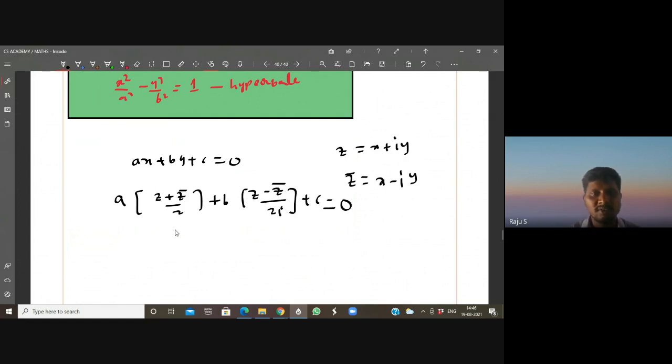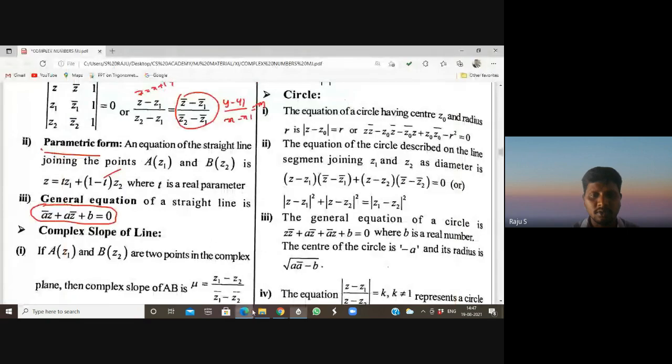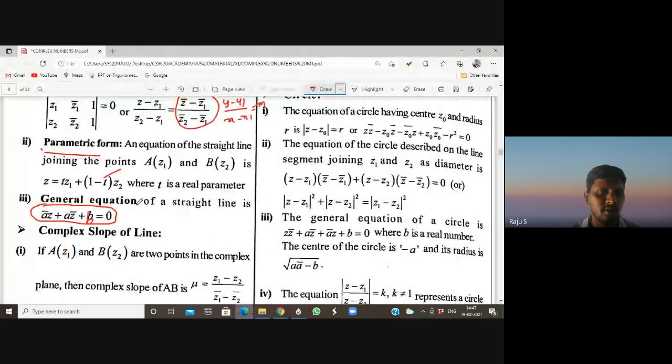When we simplify this, we get a conjugate z plus a z conjugate plus some constant c1 equal to 0. So this is the general equation of a line.